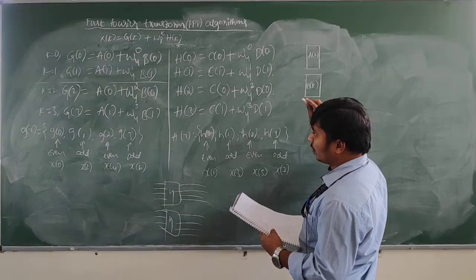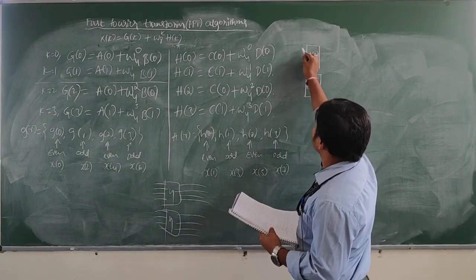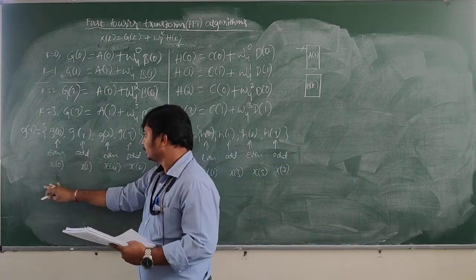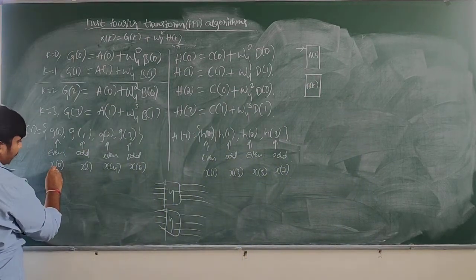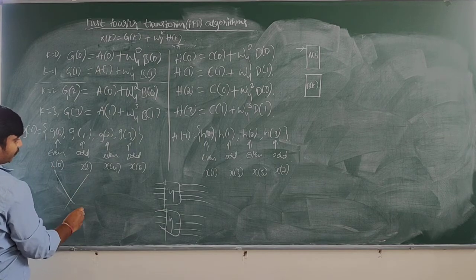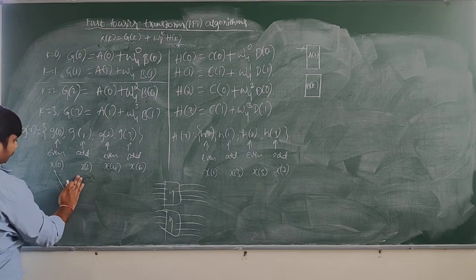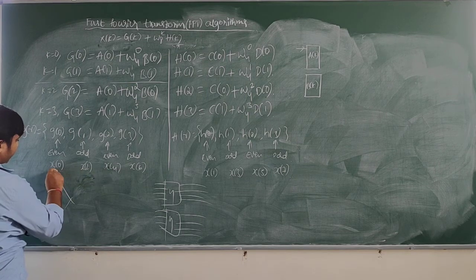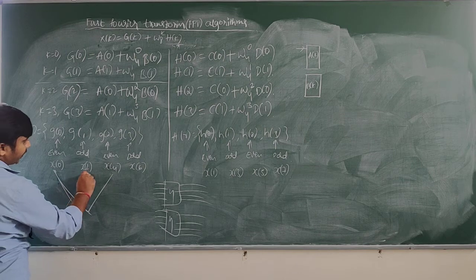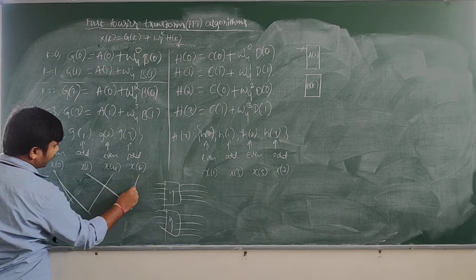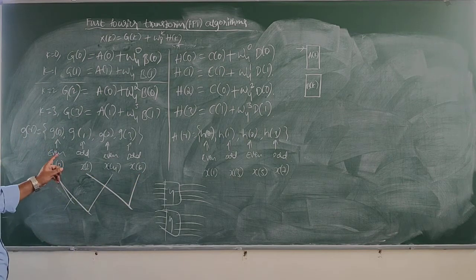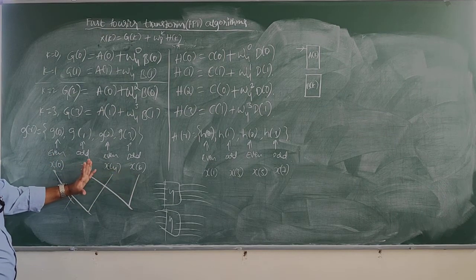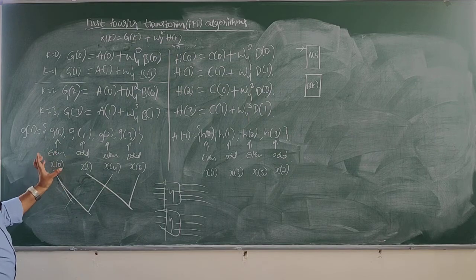Okay, and what is the output? Input. So here x of 0, x of 2. So take E1 and E1. Okay, x of 0 and x of 4. Okay, and x of 2 and x of 6. So you take two even inputs and two odd inputs because I need to separate even and odd.